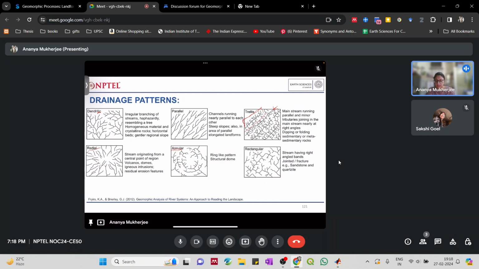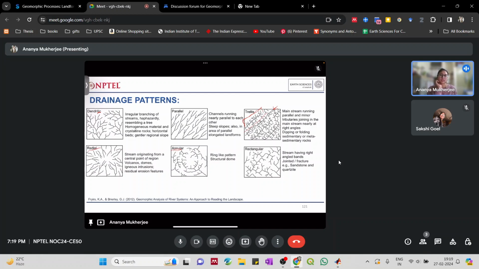Whereas radial is usually found if the elevated area is in the central part, or it can also happen that there is a basin and the water is moving towards the basin or away from the dome kind of feature that is there.